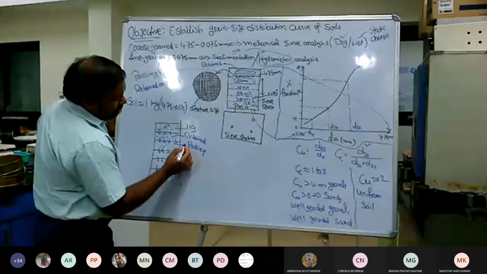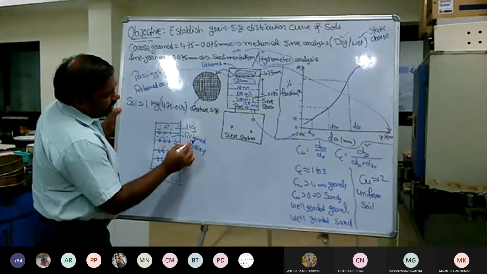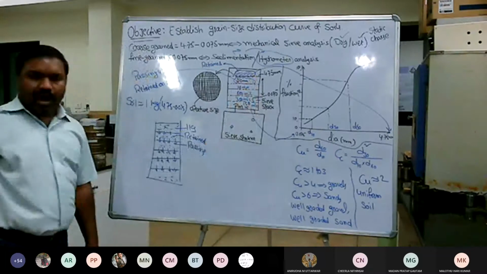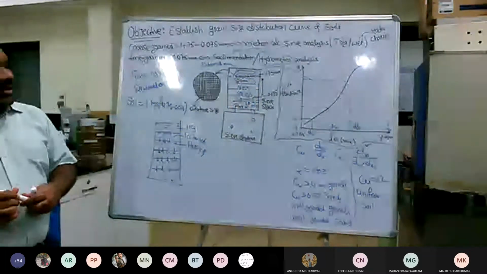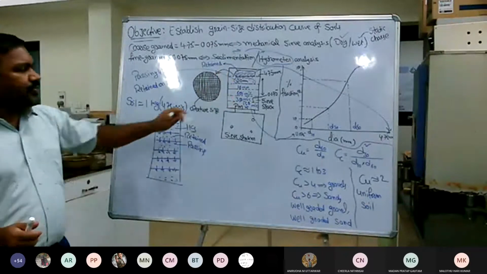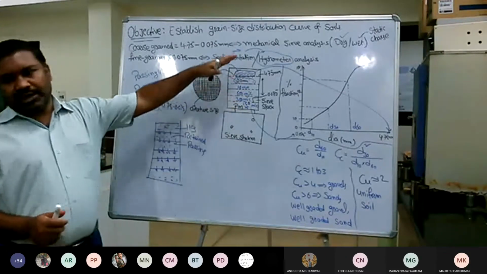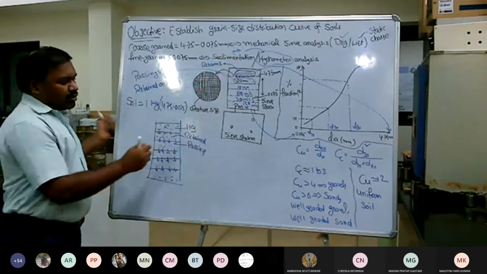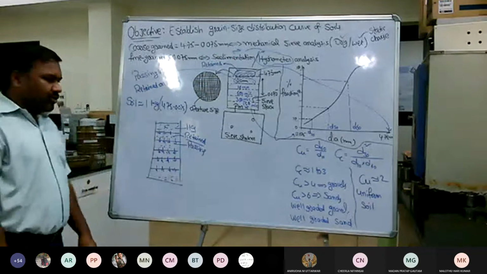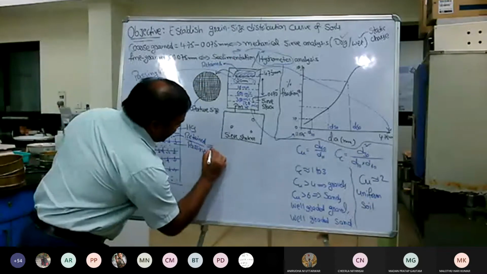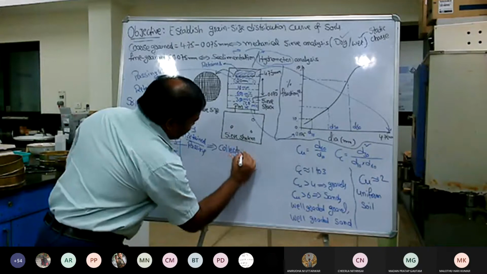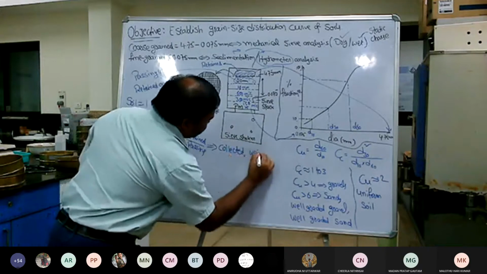Now if you look carefully, we have retained soil on almost all sieve sizes, or maybe on a couple of sieve sizes. That depends upon the type of soil that you have considered. But one thing is certain: on each and every sieve there is a certain amount of retained soil. This retained soil is collected and weighed.